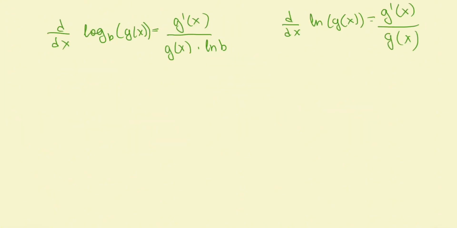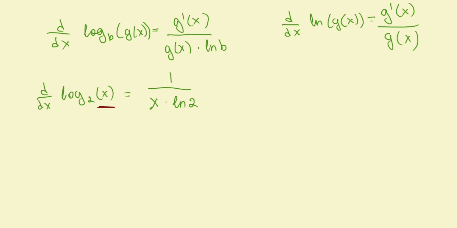Now that we have the formulas, let's do some examples. Let's derive log base 2 of x. The derivative of this would be the derivative of the function x, which is 1, over x itself times ln of the base 2.